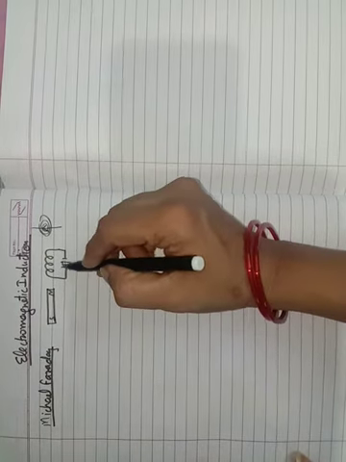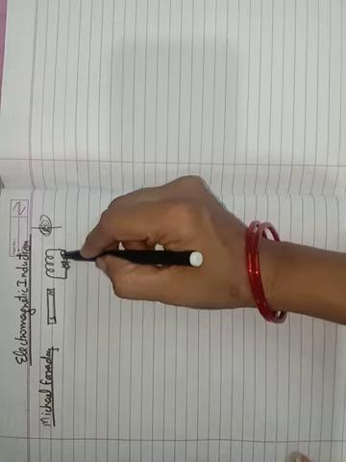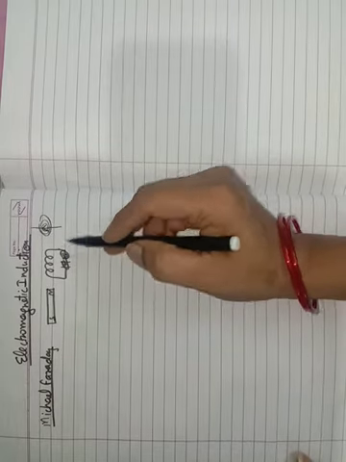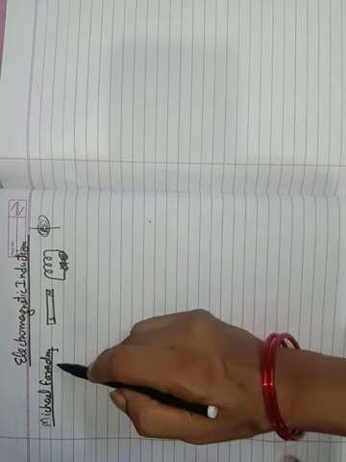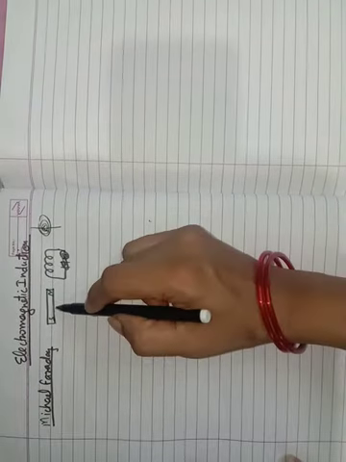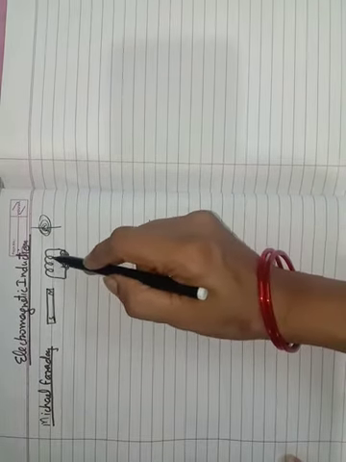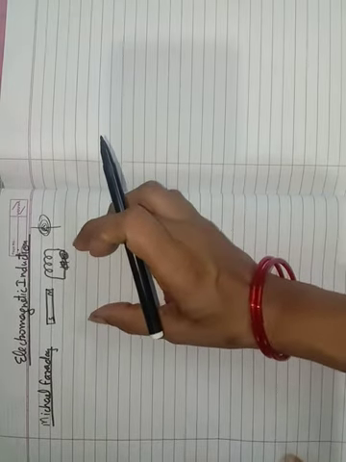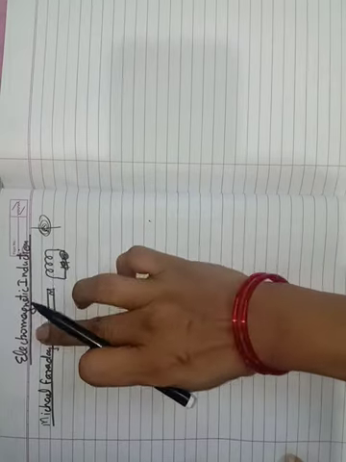Sorry, not the battery, here should be a galvanometer. What is a galvanometer? I will explain to you. This process, the production of electricity by using a magnet, is called electromagnetic induction.